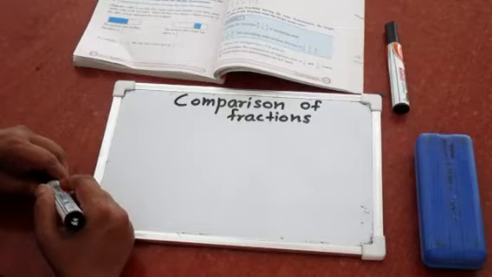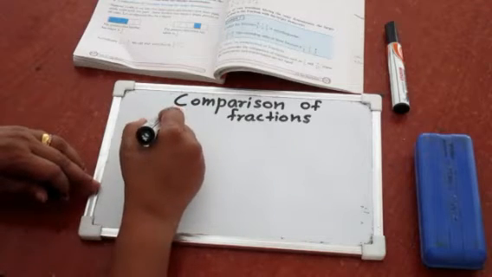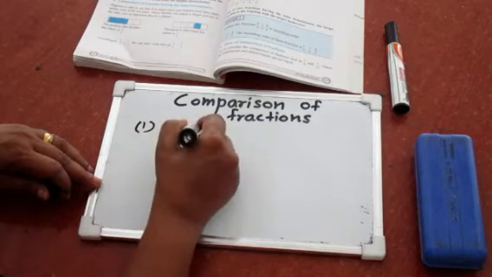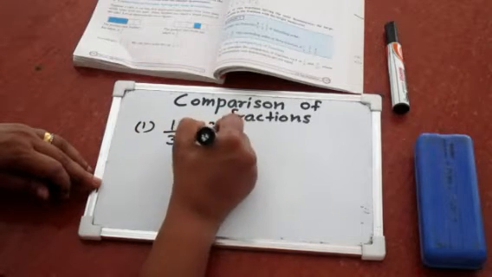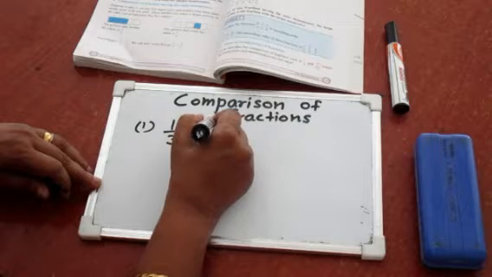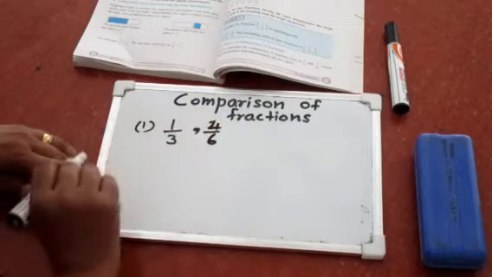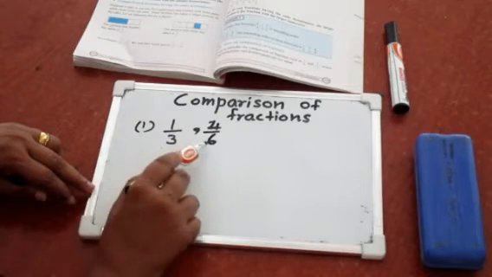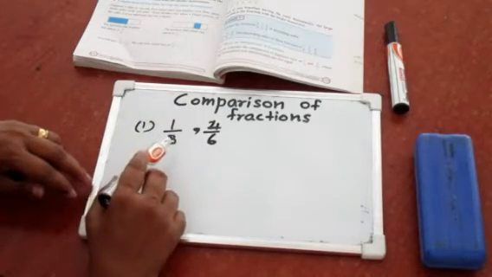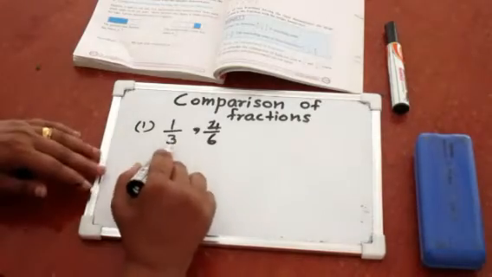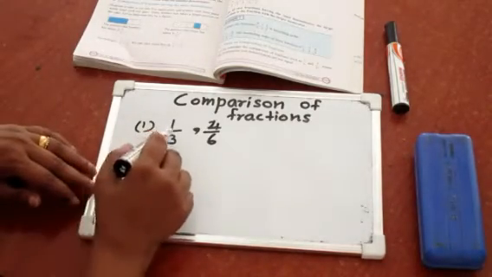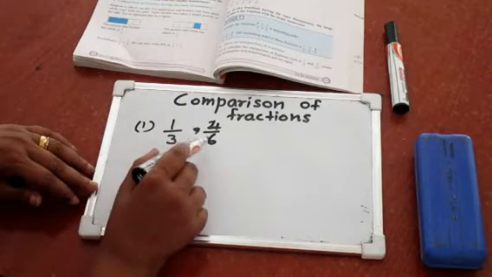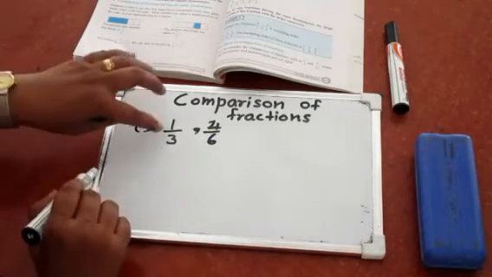Compare the fractions having unequal denominators. Now see this example. First one, 1 over 3 and 4 over 6. Now we can see the denominators of these fractions are different. Therefore, these fractions are called fractions with unequal denominators. Now we have to make the first denominator 6. How do you make this denominator 6?